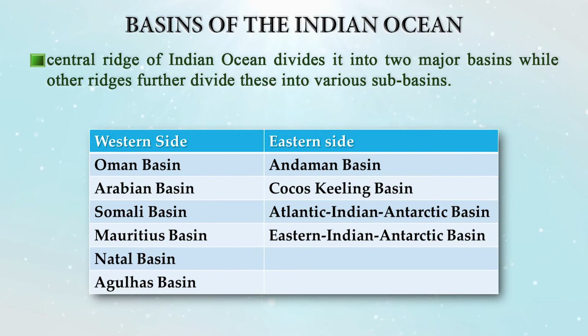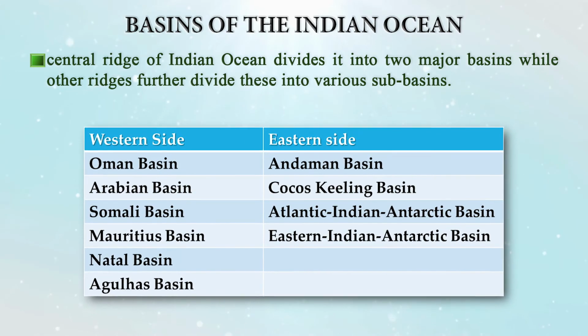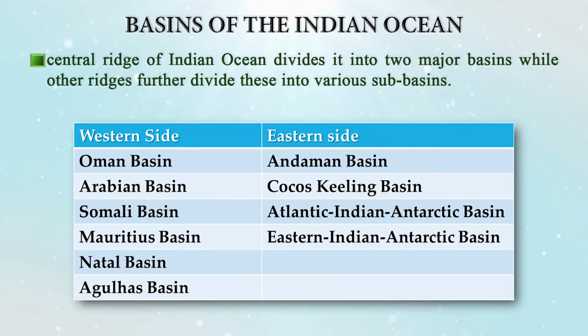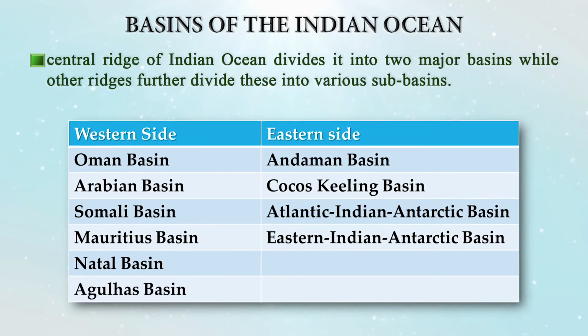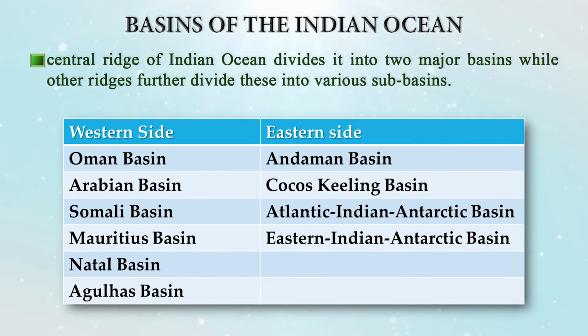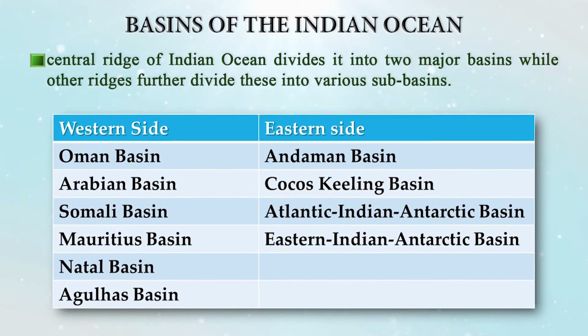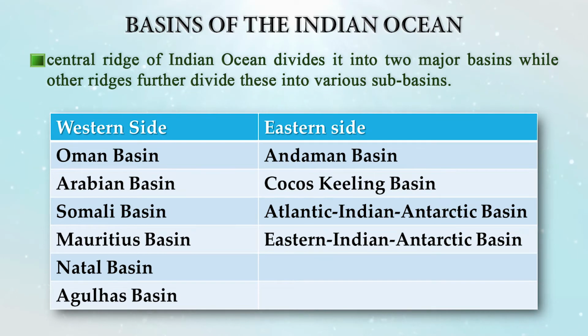On the western side we have Oman Basin, Arabian Basin, Somali Basin, Mauritius Basin, Natal Basin, Agulhas Basin. The basins are found at depths ranging between 2000 to 4000 meters, and at some places in the southern basins have an average depth around 5000 to 7000 meters also.